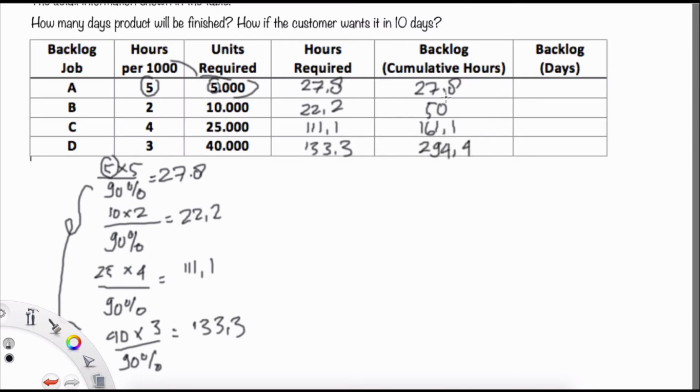So you have the cumulative hours here, and the total is 294.4 hours. To get the backlog in days, we have to divide by 24 hours in a day. Or I'm sorry, I mean dividing by the 16 working hours in a day available in this company.